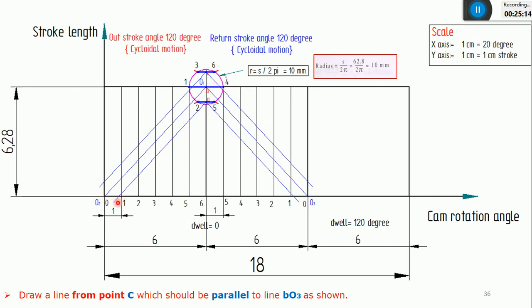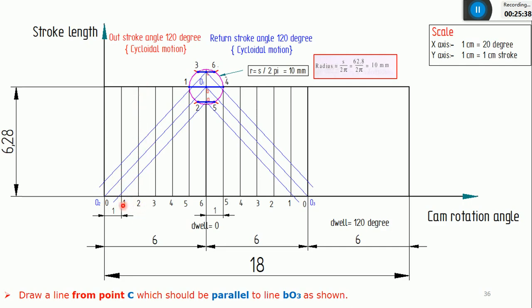It means this is the first inclined line, correct? This is the second inclined line. This is the third inclined line with respect to the outstroke, because the curve is moving in upward direction. First, I'll consider this as the first inclined line. So this inclined line, which is coming from point A, will intersect the first vertical line and the second vertical line.